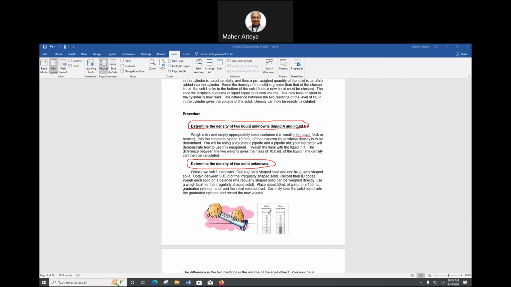Here this is 30, 35. I'll add up to 35. I record the initial volume of the water, which is 35 mL. But before immersing the object, I have to weigh it empty.